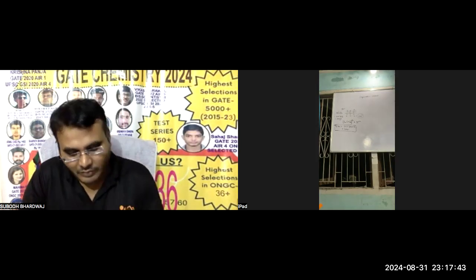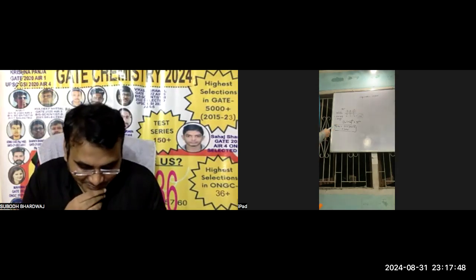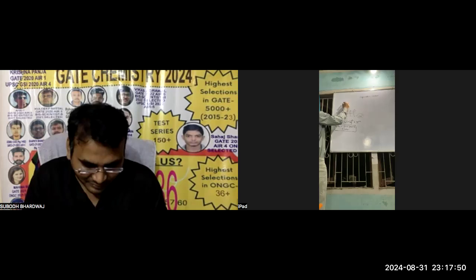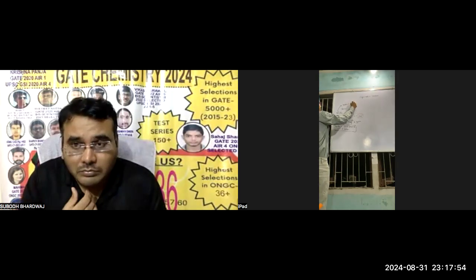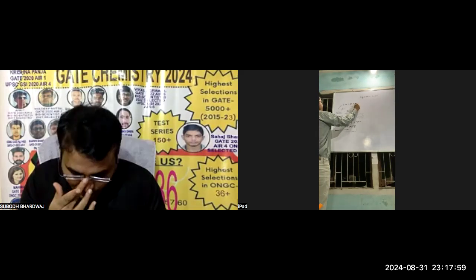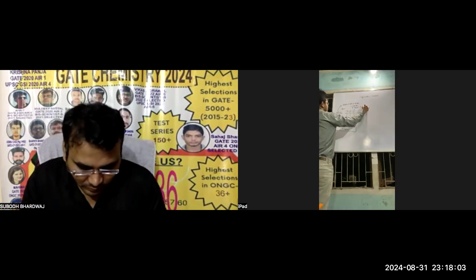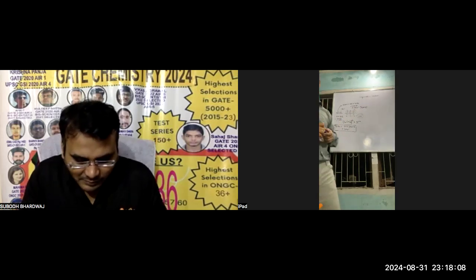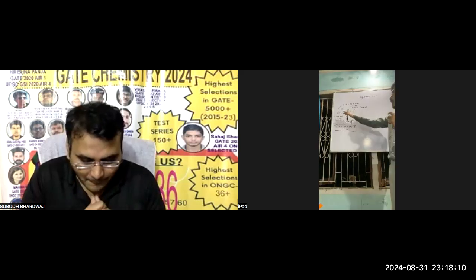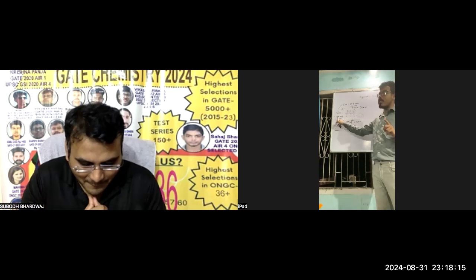This is the 18 electron rule. If we calculate the EAN, nickel has 28 electrons plus 4 into 2, that is 28 plus 8, equal to 36 electrons. That is the effective atomic number, and it follows the 18 electron rule. I am explaining through Ni(CO)4: it follows the 18 electron rule, and its effective atomic number is 36.